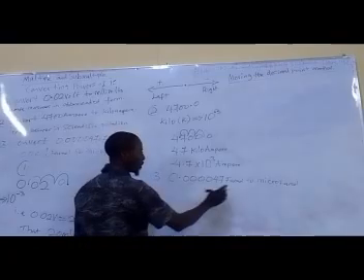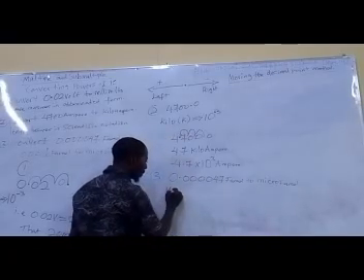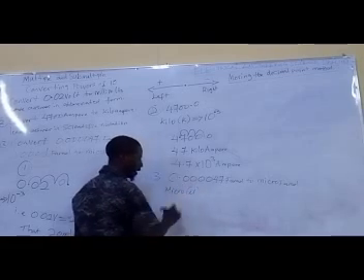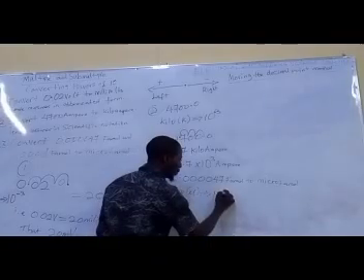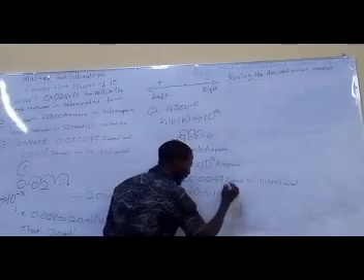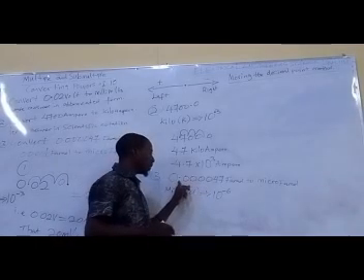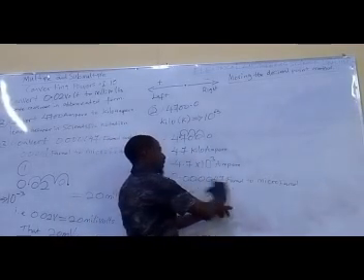How do we know? Because we're converting farad to microfarad. That is micro, mu, as the symbol for micro, is 10 raised to the power of -6. So it means we'll be moving this decimal point to the negative side, which is to the right, like this.